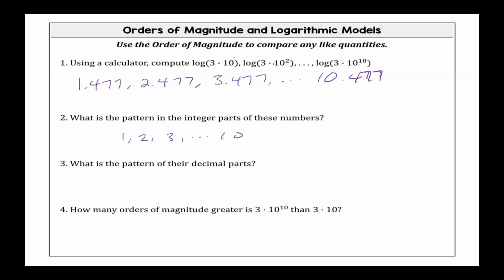It's just your exponents of the 10. What is the pattern of the decimals? The pattern is they are the same. They all are the same, and that is just 0.477 whatever.